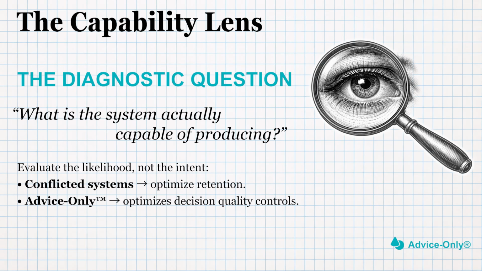Advice only was designed in direct response to these systemic failures. Rather than attempting to disclose conflicts and manage behavior, the methodology removes the economic pathways that allow outcomes to be steered at all. When advice is economically complete at delivery, and the advisor cannot benefit from implementation choices, the system is better positioned to produce more objective outcomes.